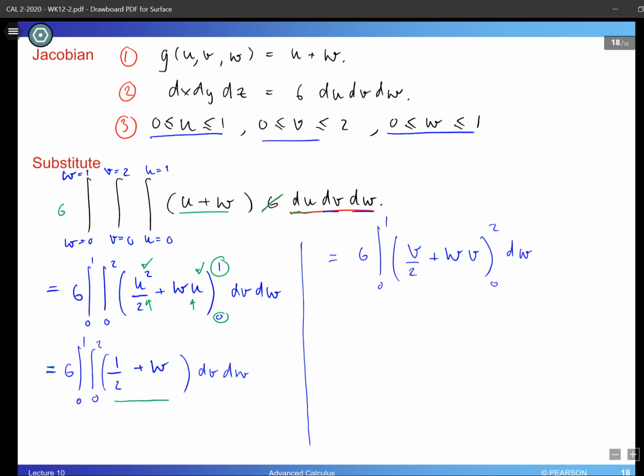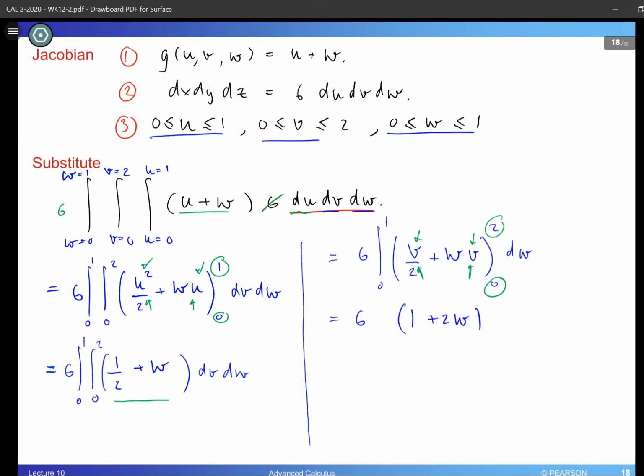So 2 goes in for v. Here we have 2 over 2, that's 1, and we have 2w. When 0 goes in, everything goes to 0, so no problem with that. In the end, we only have 1 plus 2w.